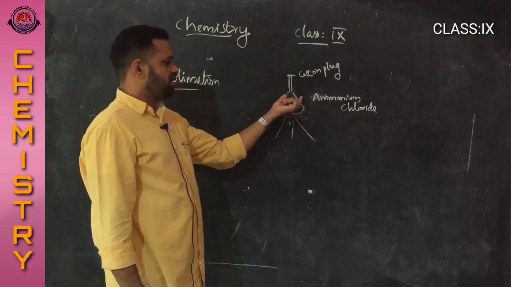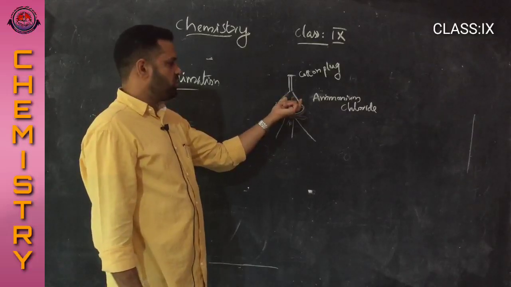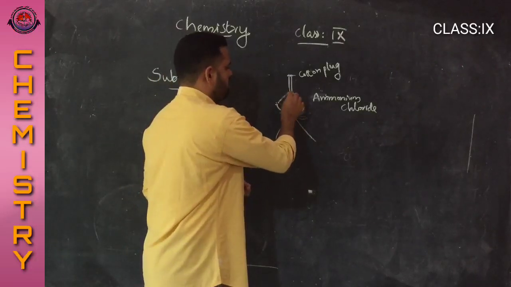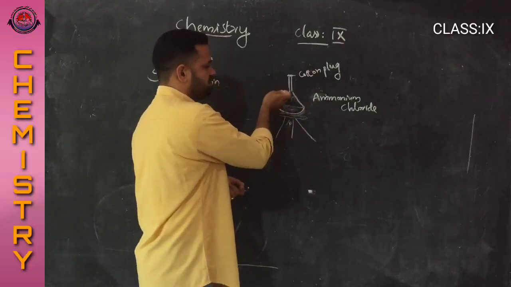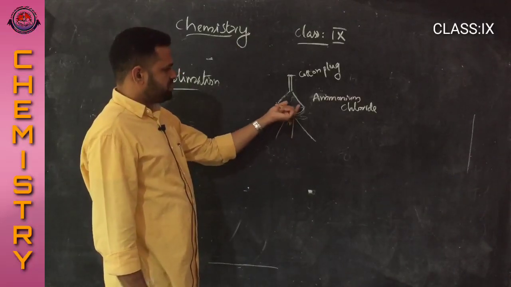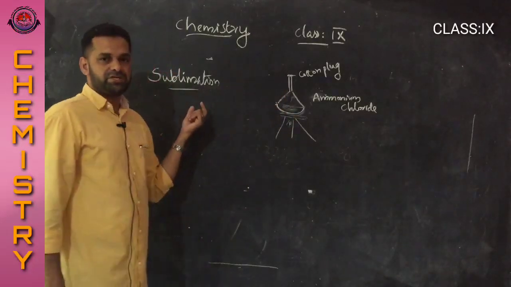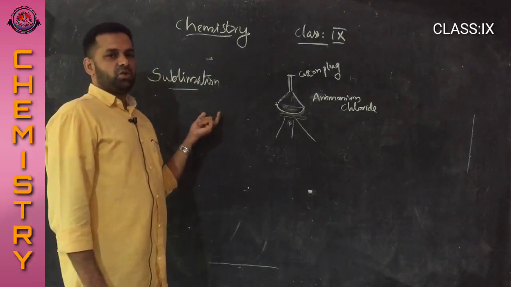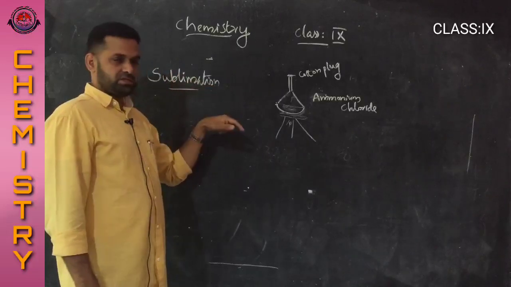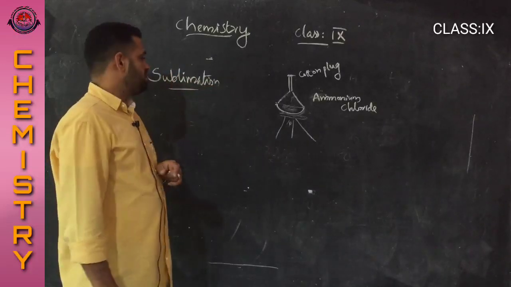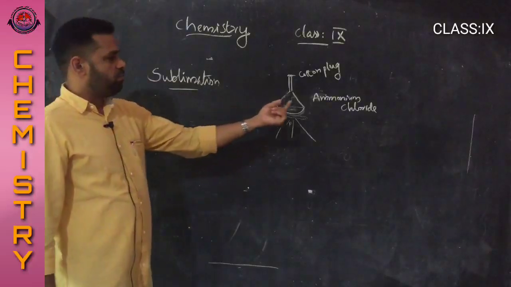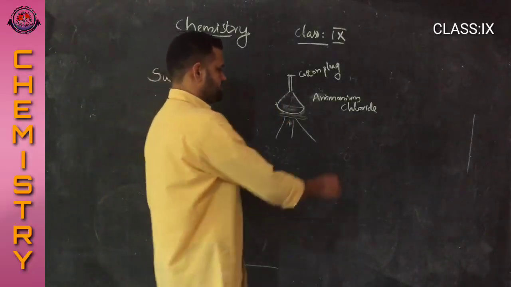When it is cooled, more ammonium chloride particles stick on the surface of the funnel. This type of change is called sublimation. That is, when a solid directly converts into gas state without changing into liquid, that is called sublimation. Ammonium chloride is a sublimable substance.